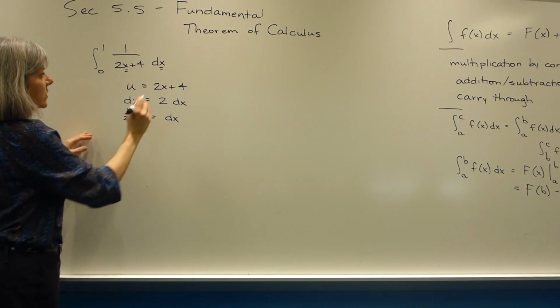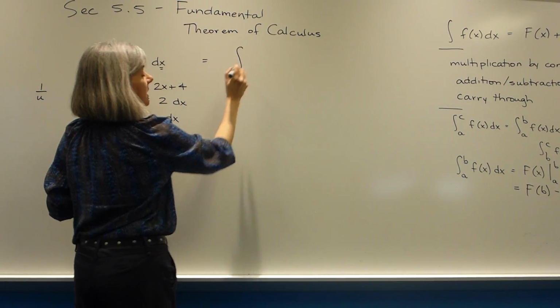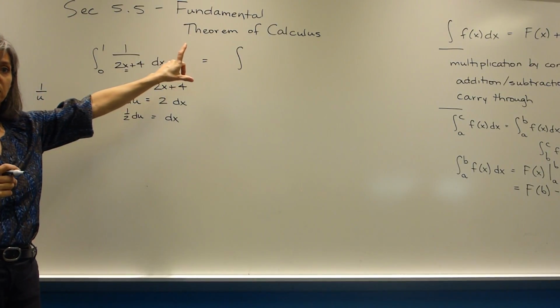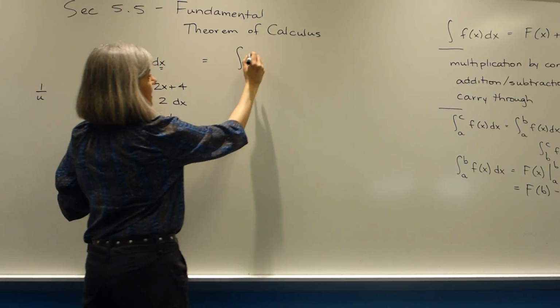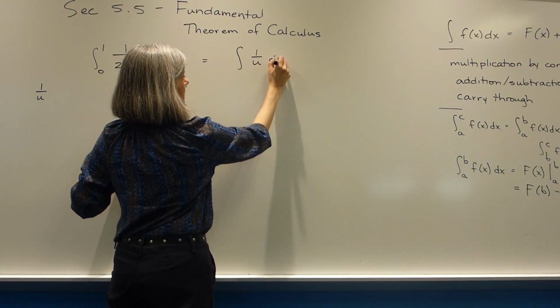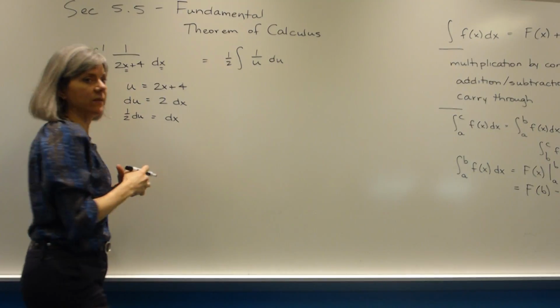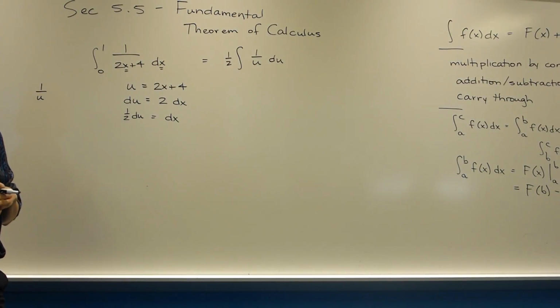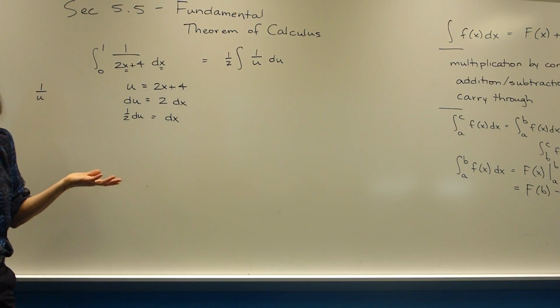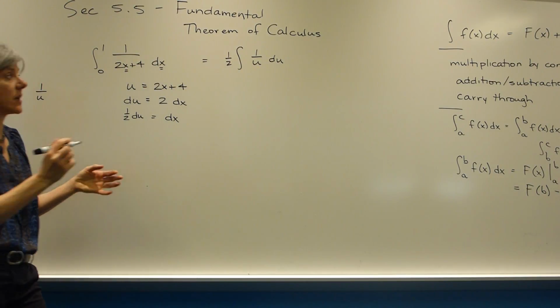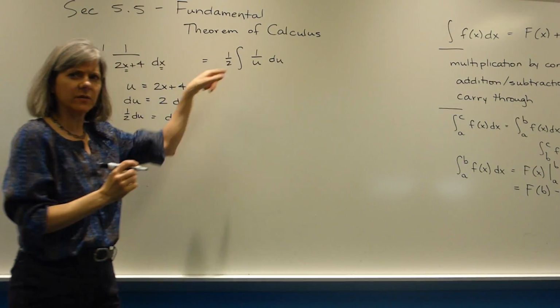So then this will end up with, I'm going to leave off my limits for now. We'll talk about that in a sec. So I'll have 1 over u du with 1/2 out front. Is that a basic? 1 over u, that's a basic, that's just the ln, right? So everyone see how I got from here?